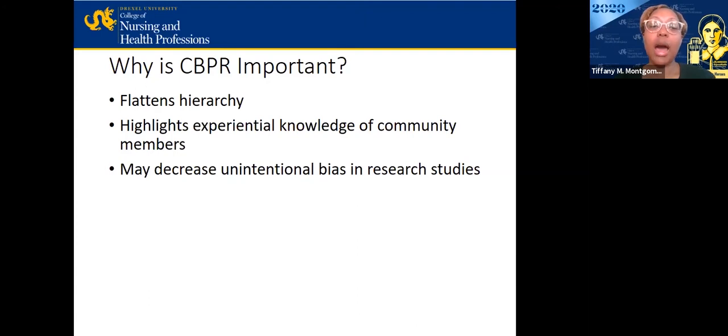It's also highlighting the experiential knowledge of the community members. Again, they may or may not have the number of degrees that the research team has, but you could very well have somebody on a community advisory board or a research advisory board that has a PhD just like you. Actually, I talked about Loretta Jones before.